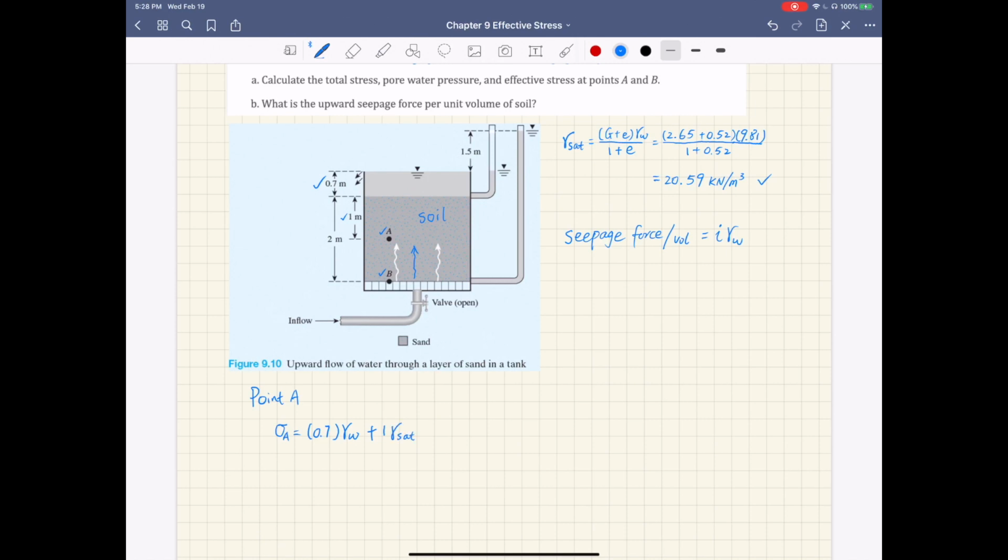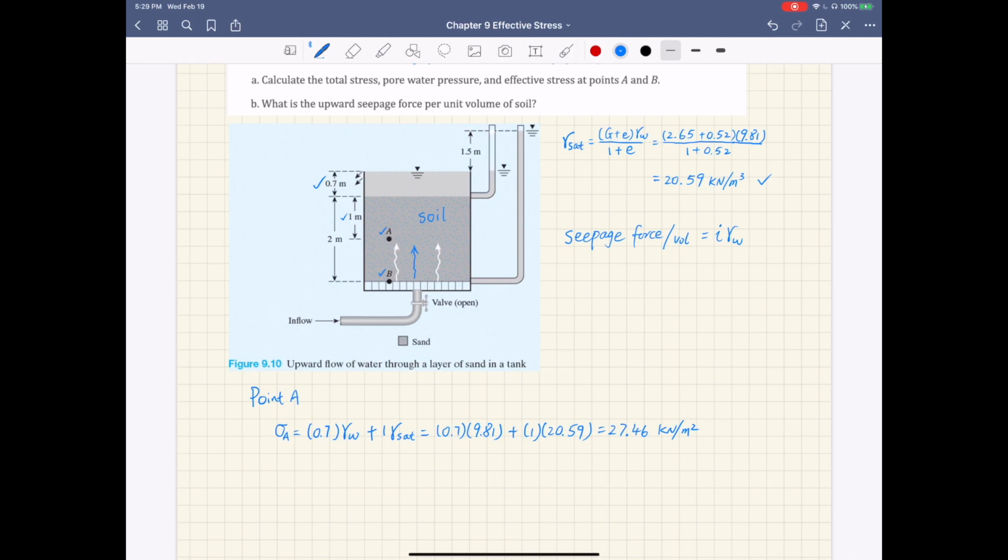If you substitute these numbers for unit weights, 0.7 times 9.81 for unit weight of water plus 1 meter times 20.59, this is 27.46 kilonewton per meter square. So that's the total stress at point A.